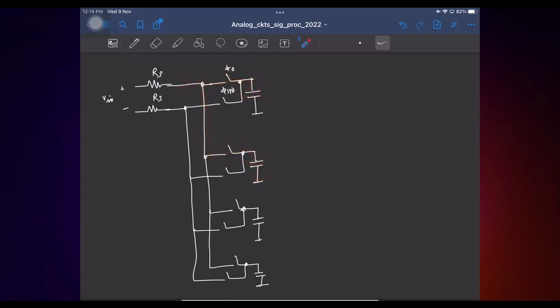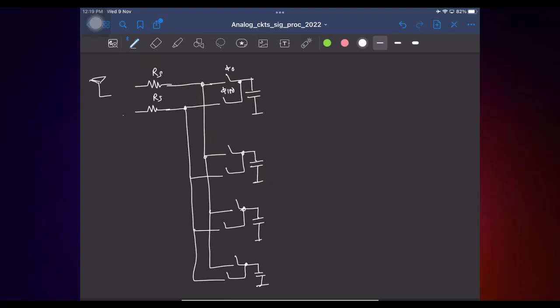And this was a differential implementation we had. So you apply the input here. At this end, the signal is bandpass filtered, and the bandpass filtered signal is then demodulated, or down converted, and is available across the capacitors. Right? This is basically one possible way of having an RF front end. So we can connect it to your antenna here like this.